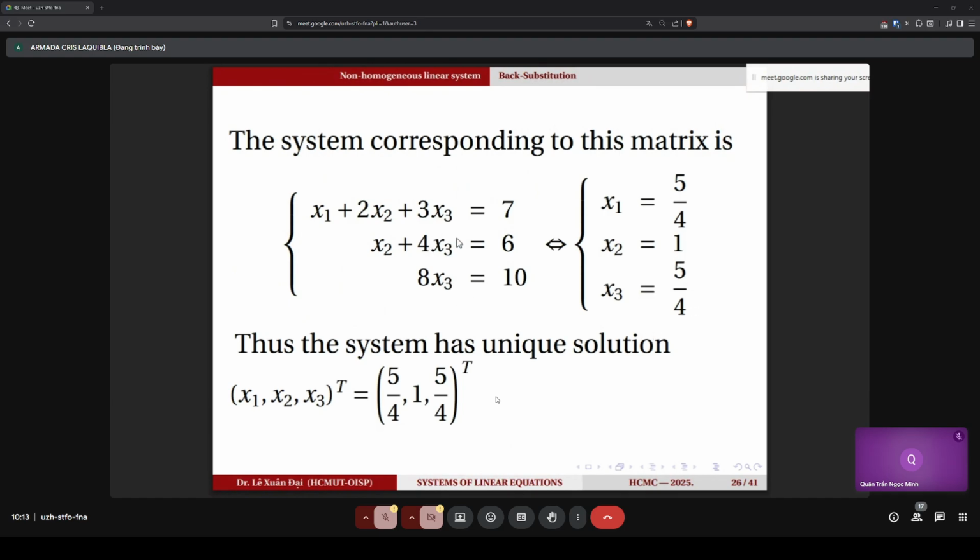Substitute the value of x3 in your second equation and you can solve it. 4 times 5 over 4 is 5, transfer to the other side, so 6 minus 5 is 1. Then substitute your values of x2 and x3 in equation 1, and you can get x1, which is 5 over 4 also. And this is the unique solution: 5 over 4, 1, and 5 over 4.